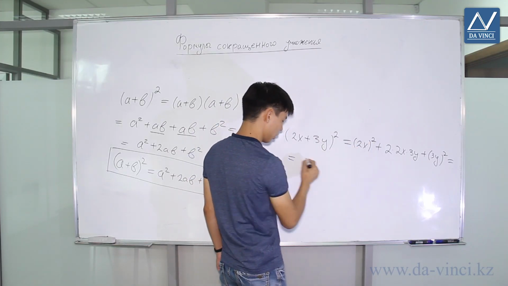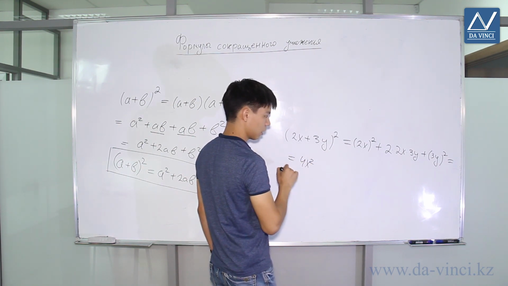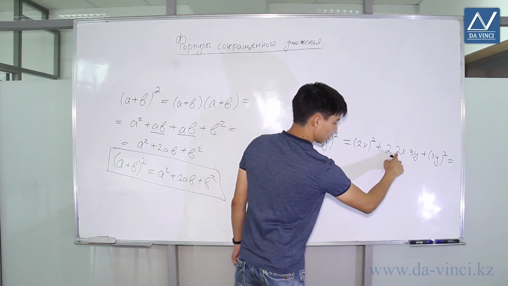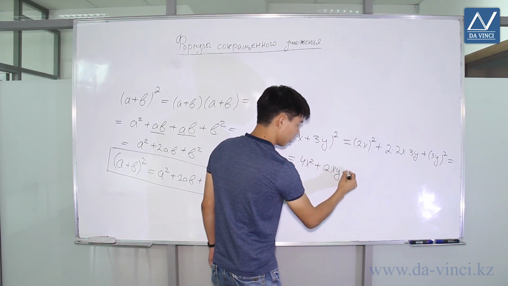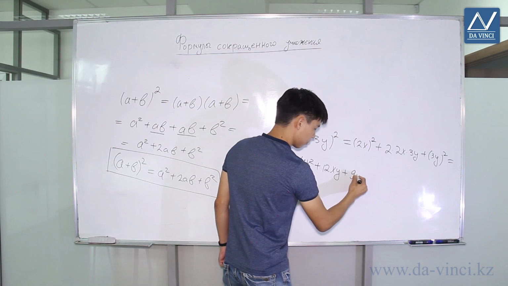Squaring it, 2 squared is 4, so 4x squared. Multiplying here, twice 2 is 4, and times 3 is 12, plus 12xy, and plus 9y squared.